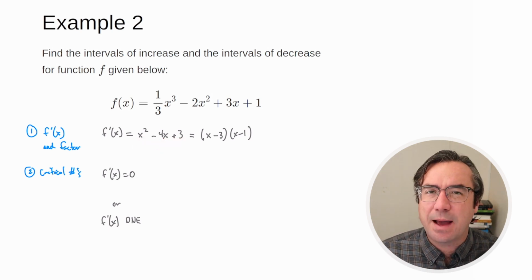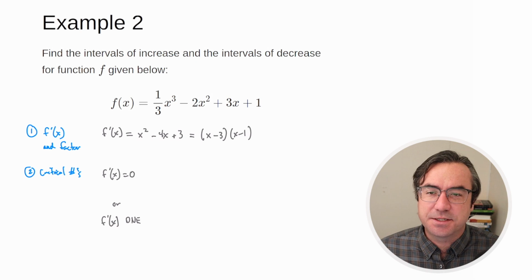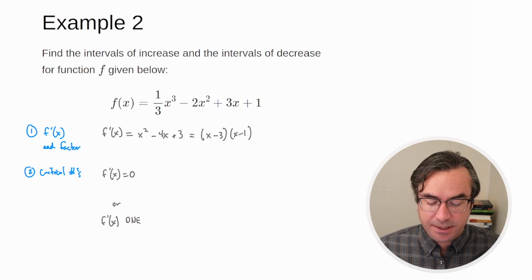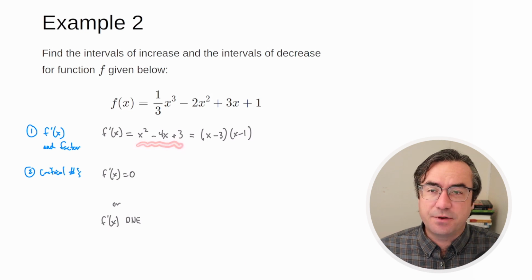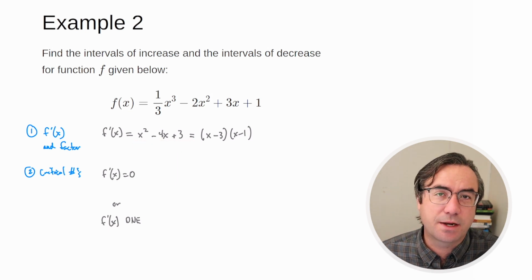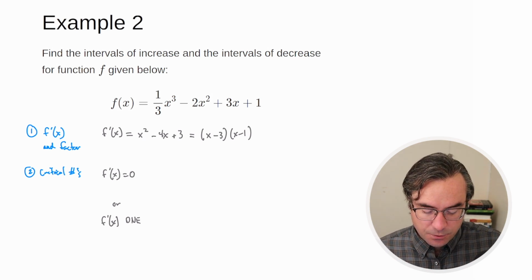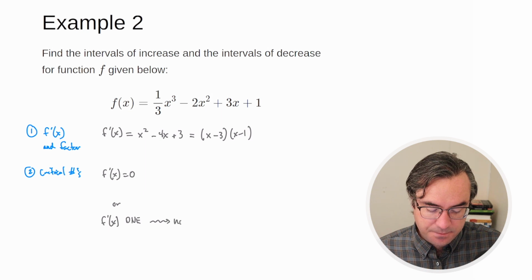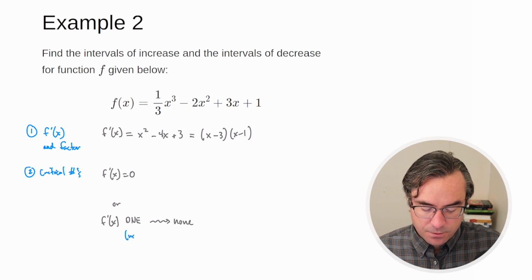Usually that's what happens. There's other cases, but that's the most common one we're going to see. So you want to look at this derivative and see if you have division by 0. There's no division anywhere. This is just a regular polynomial. So in this case, none. Really, though, you're looking for division by 0.